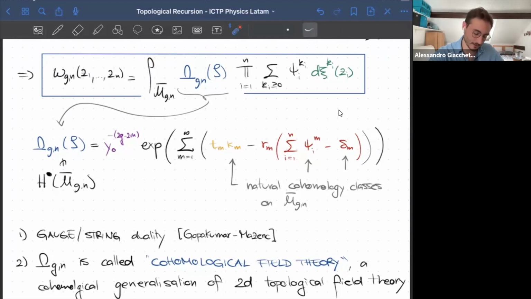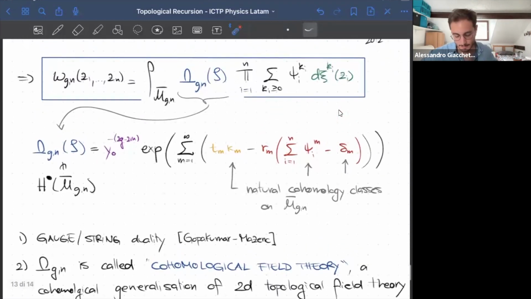Because on this side, in the case of matrix models, you have something that is gauge theoretic, correlators in matrix models. While on this other side, you have something that is more like string theoretic. You have integrals over the moduli space of Riemann surfaces of some cohomology classes.